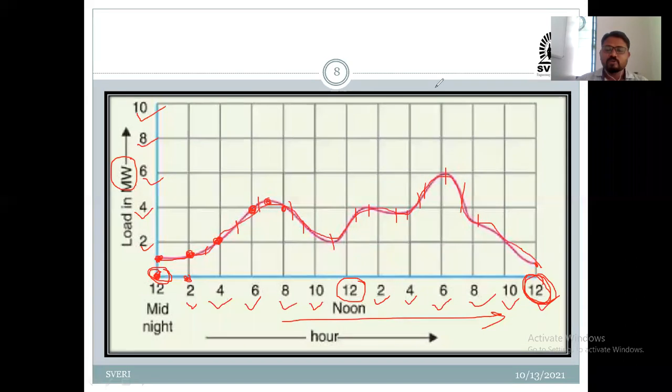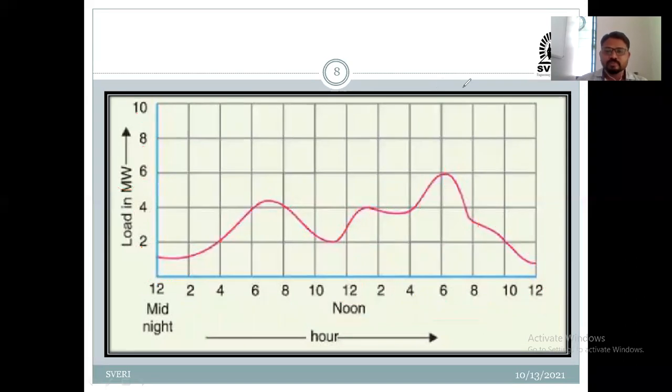How to plot the load curve? Yes, sir. Okay, load curve is simply at what time what load is there, that we have to plot it. That is called the load curve. Simply, load curve is a graph on which y axis we have taken load in megawatt or kilowatt, and on x axis we have taken the time.